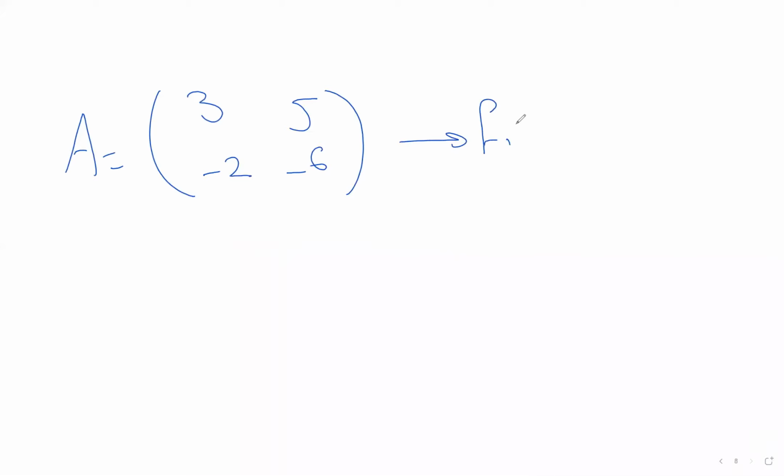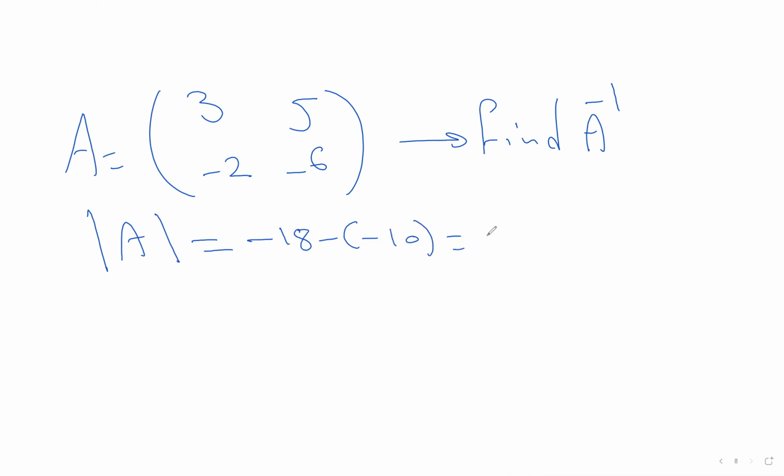Next one: if A equals 3 and 5 and negative 2 and negative 6, find A power of negative 1. First find the determinant of A, which is 3 times negative 6 is negative 18 minus negative 10, it will be negative 8.